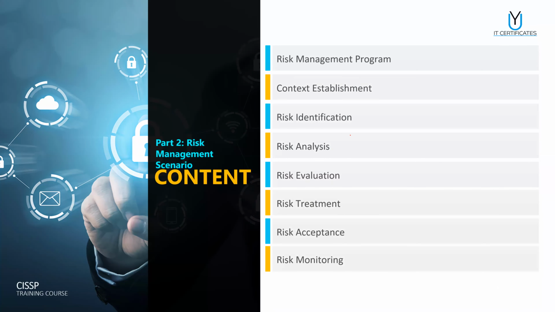In part two, which is the risk management scenario, we will apply all the information which we studied in part one. It will be the same topics, but we will have some scenarios for how you can implement this information in your organization or at a customer site.